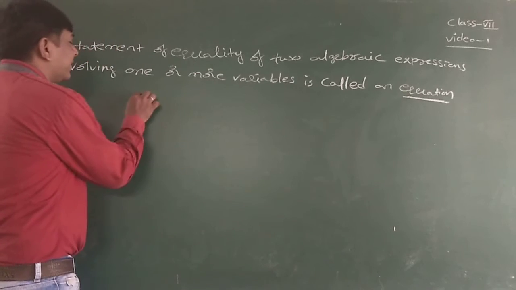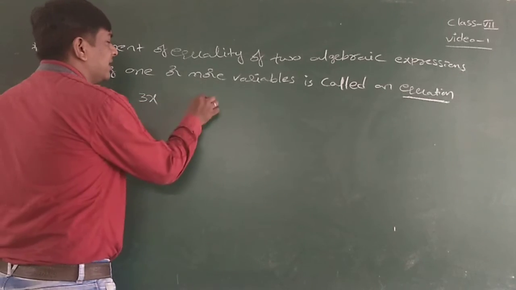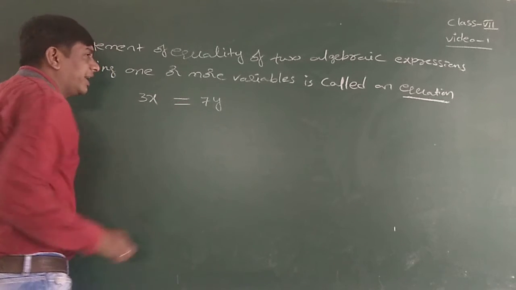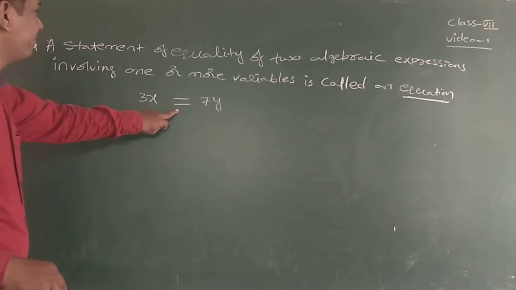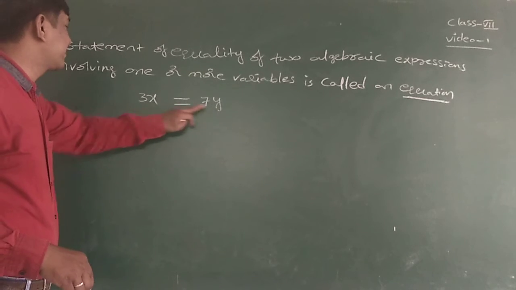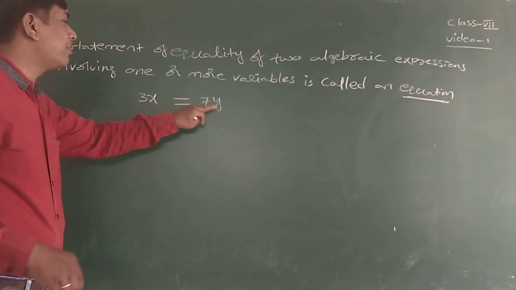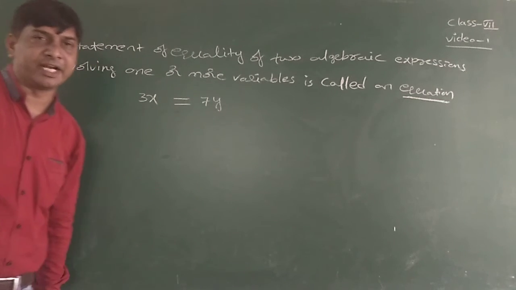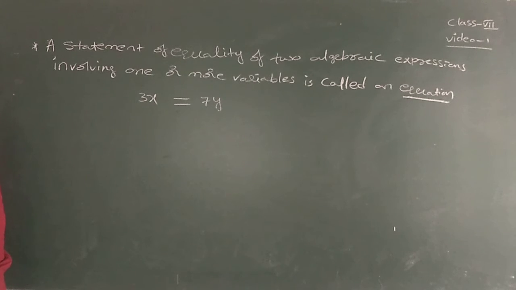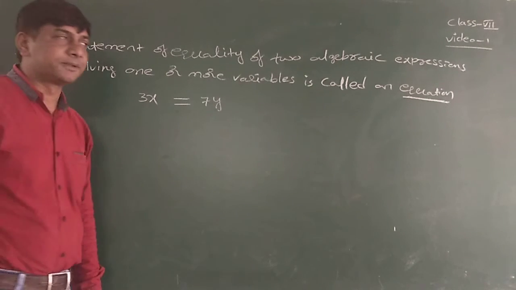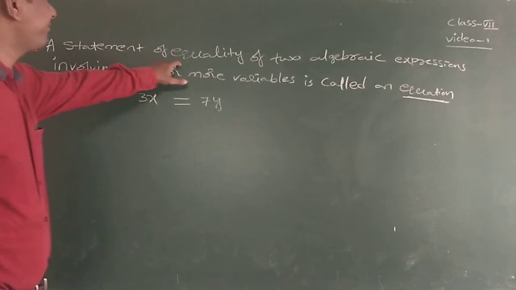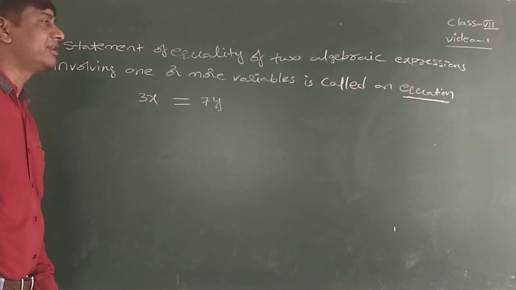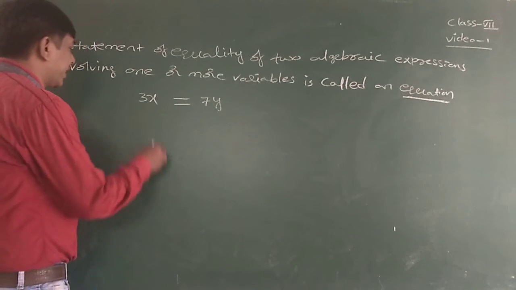See here, 3x is one algebraic expression, 7y is another algebraic expression. Between them an equality condition is there. Understood?